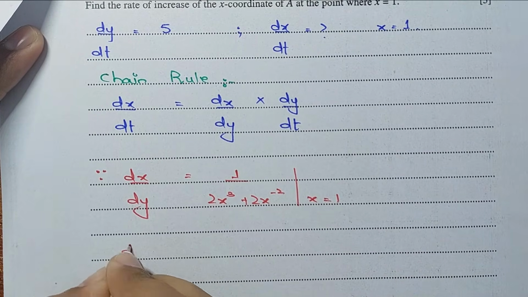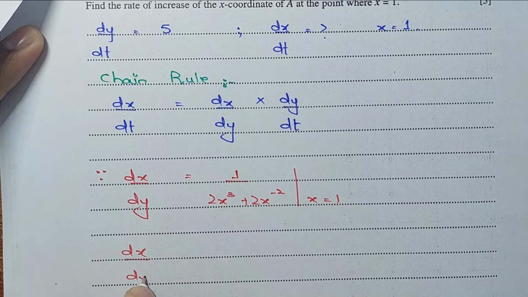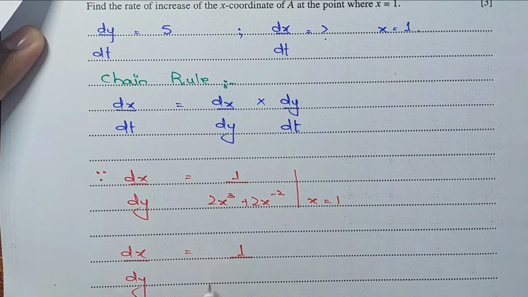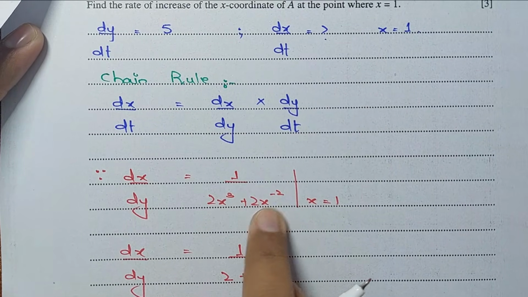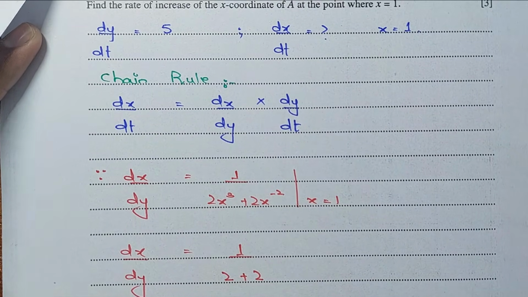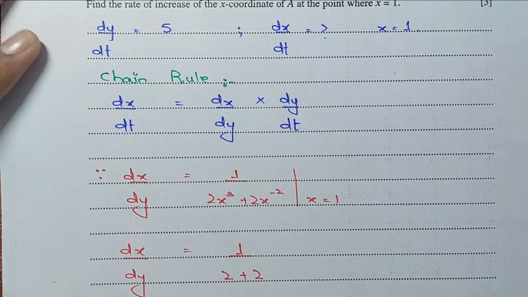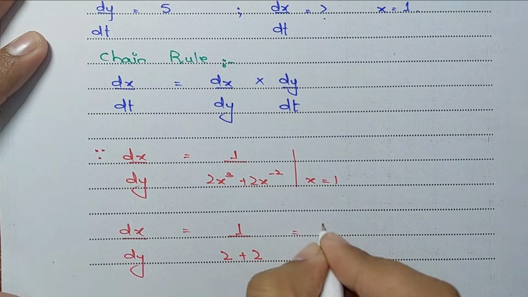So when x is equal to 1, dx over dy becomes 1 over 2 plus 2, because 1 to the power 3 is 1 and 1 to the power minus 2 is 1. 1 to any power is always 1, right? So this is 1 by 4.